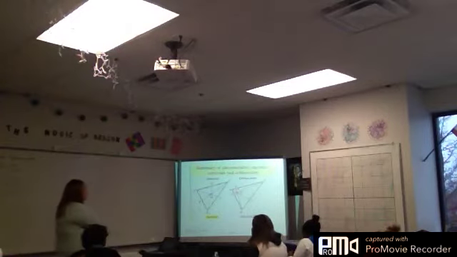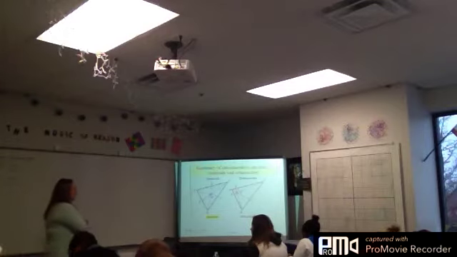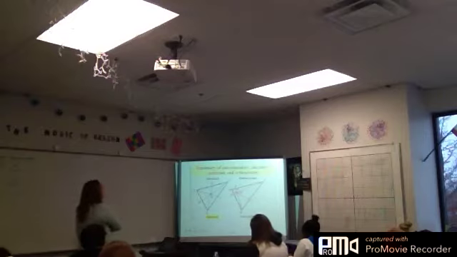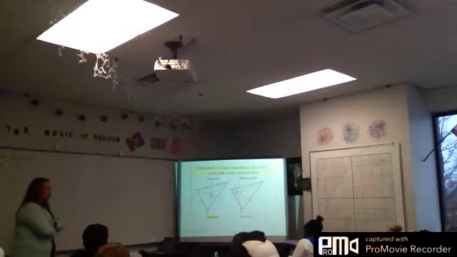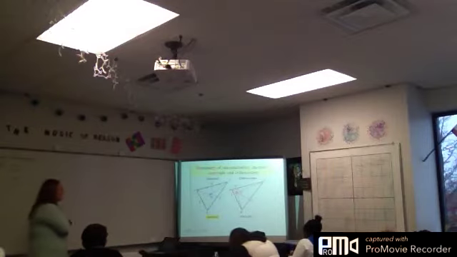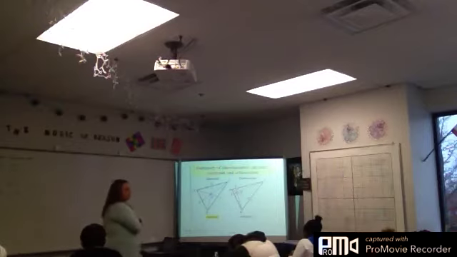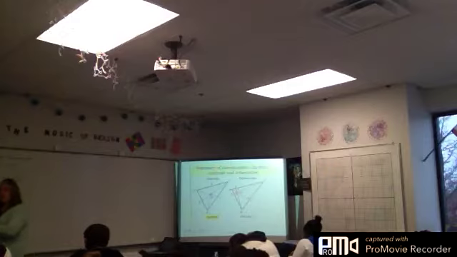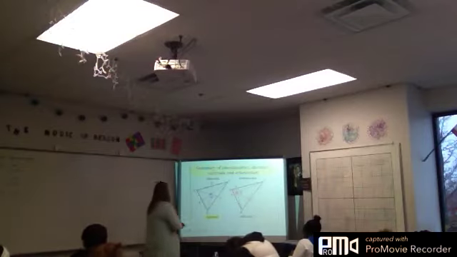At the right angle, on the hypotenuse side. Because that's orthocenters. And on acute triangles, where do they meet? Inside.